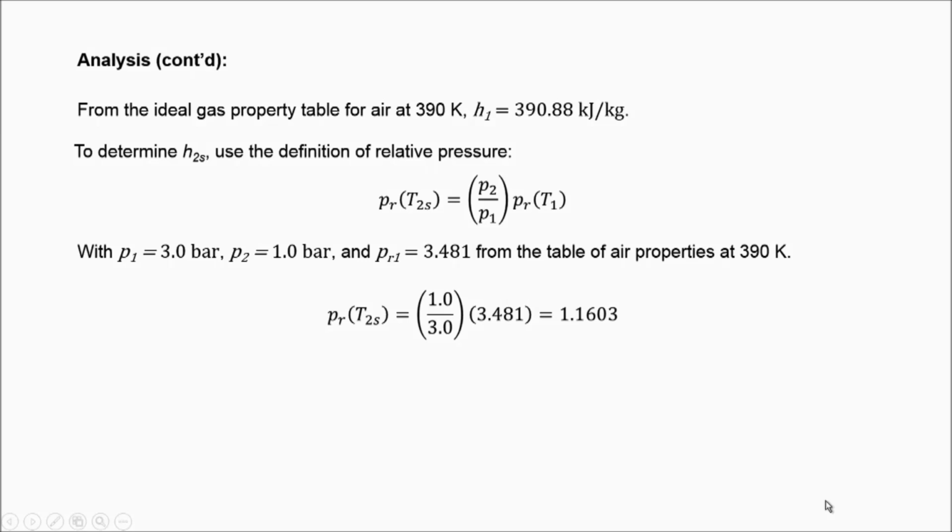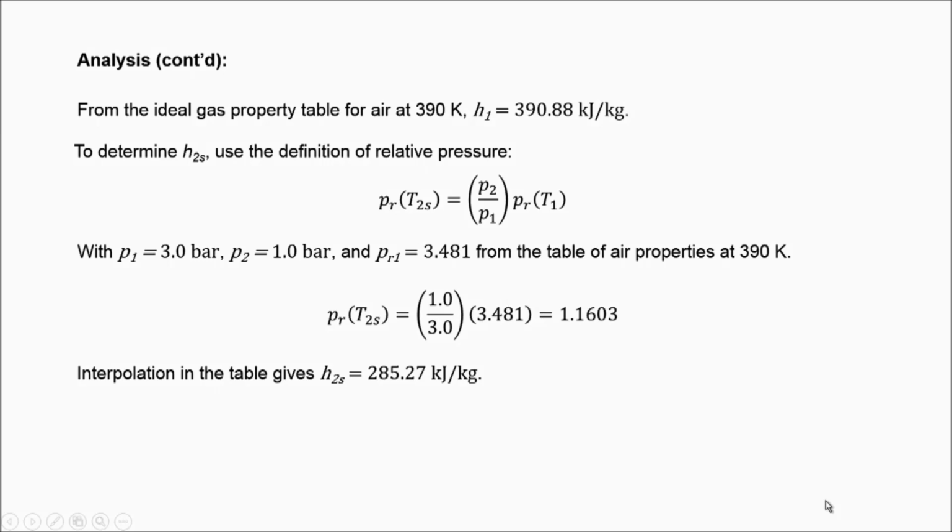PR at temperature T2s is equal to 1 over 3 times 3.481, which gives us a value of 1.1603. By interpolating in a table, we get h2s is equal to 285.27 kilojoules per kilogram.